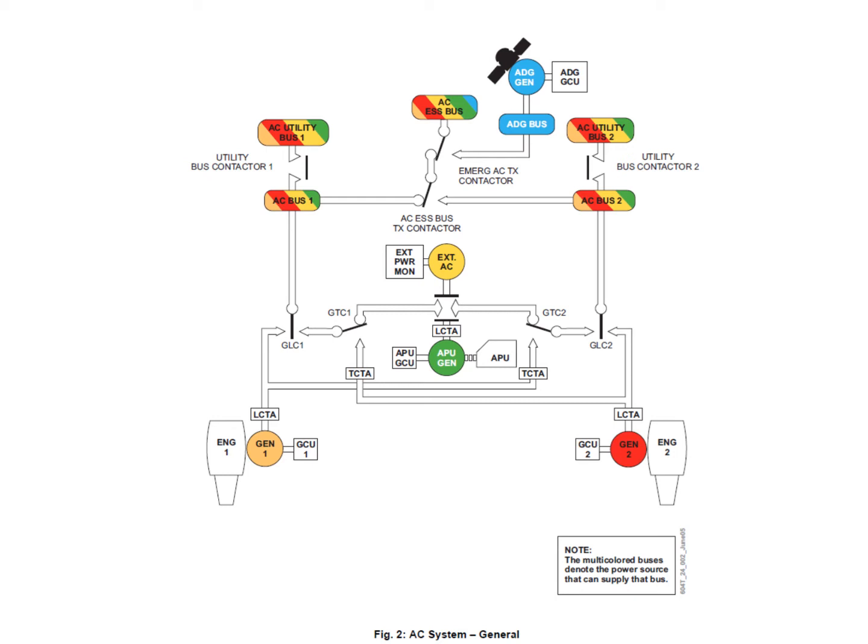So the GLC2 has to remain in the transfer position, but the GTC2 can go across to the position shown in the picture, which is basically de-energized, and now the APU can feed AC bus 2, and generator 1 can happily feed AC bus 1. Now we've got two generators back online, so actually we would recover our utilities.